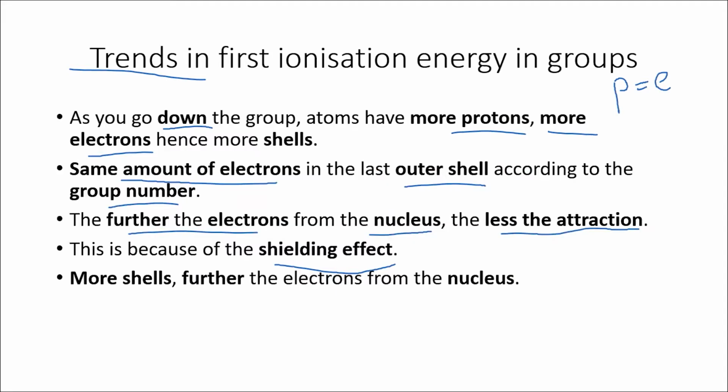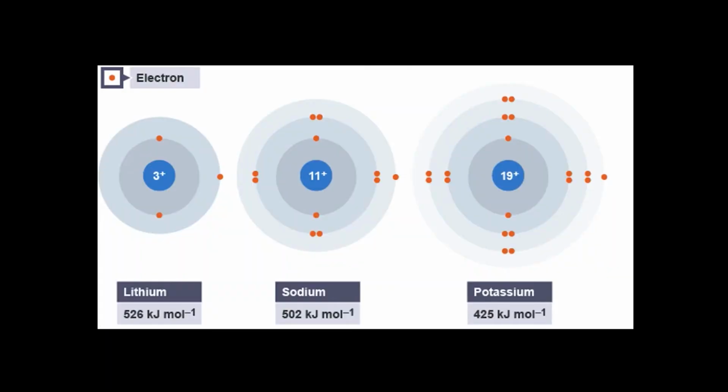So more shells means the electrons are further from the nucleus. The shielding effect also increases, because as you have more protons, you would have more neutrons, and the nuclear contents increase as you go down.